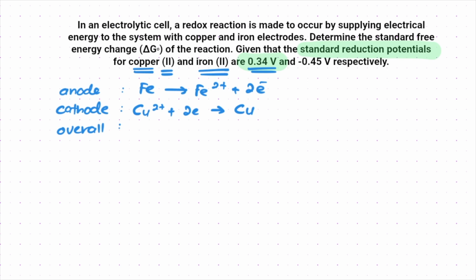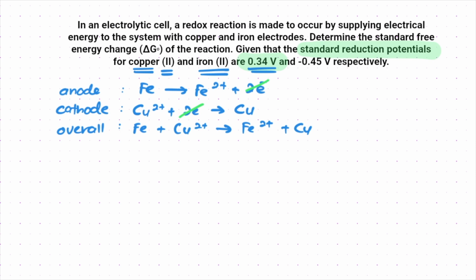So at the overall reaction, we shall have iron plus copper in ionic form, and here we will have Fe2 plus Cu, because here you can already remove the electron.